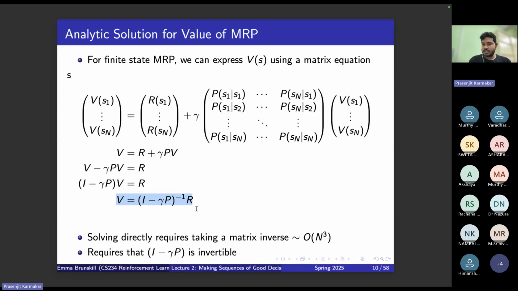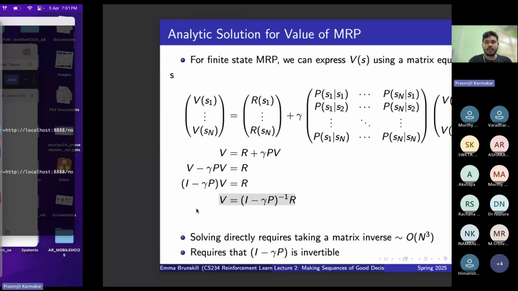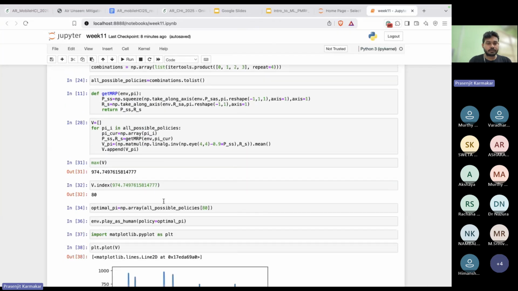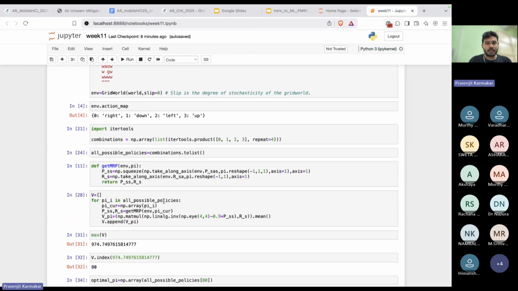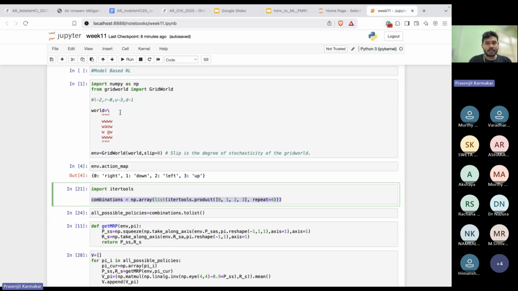Now based on this understanding we can actually order policies. Whichever policy has the highest value, I will take that policy, right? That's what we did last week. So if I look into the code, see, this is what we did, right? We created a small grid world, which you can think of as a small mouse finding a cheese through a maze game, right? We can increase it today. Let's see.